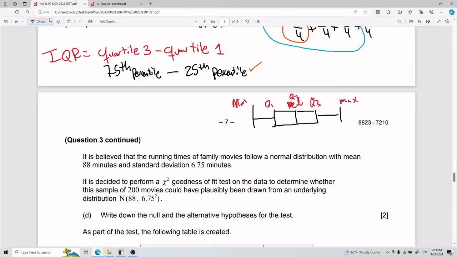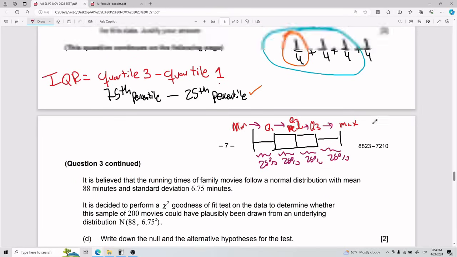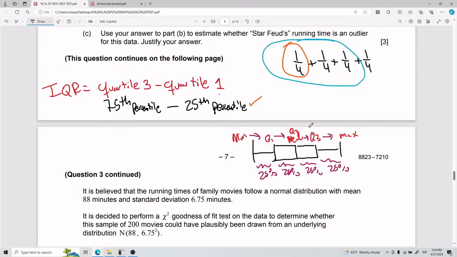From min to Q1, you have 25%. From Q1 to the median, you have 25%. From the median to Q3, you have 25%. And from Q3 to the max, you have another 25%. And all of this is because quartile 3 is your 75th, and your maximum is your 100th. So it's like the top 25%.